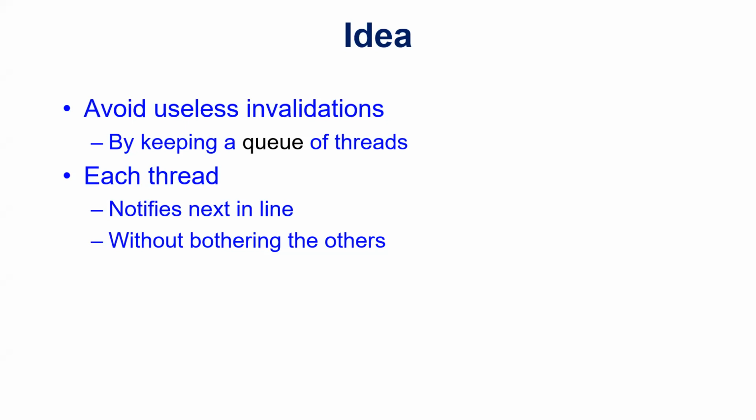If the predecessor is served, it passes the lock to the next thread. Here we avoid useless invalidations and contention by keeping the threads in a queue, and each thread notifies the next thread in the queue. There is no need to bother about all the other threads. That is the idea.